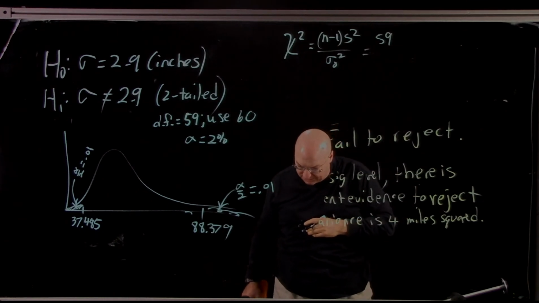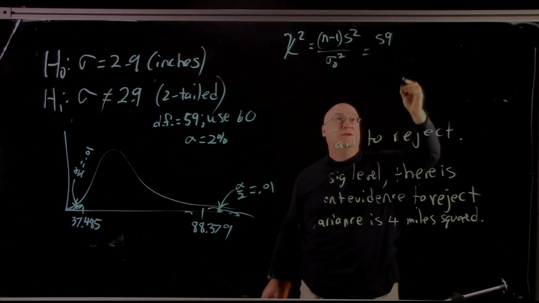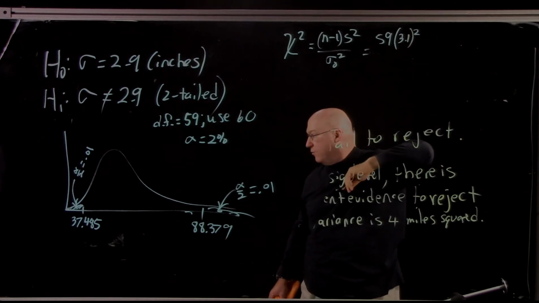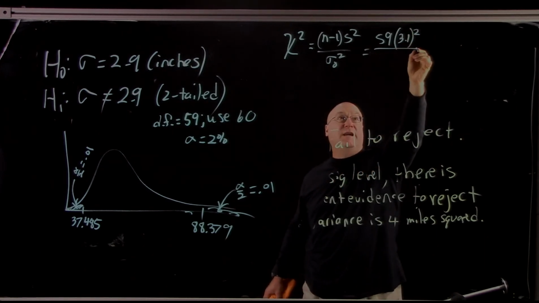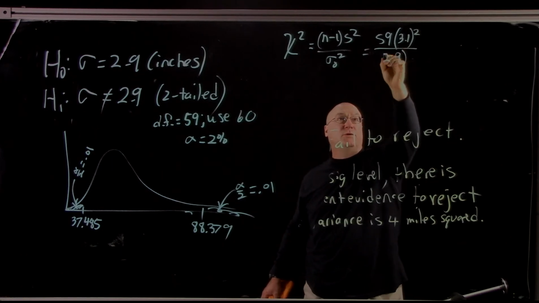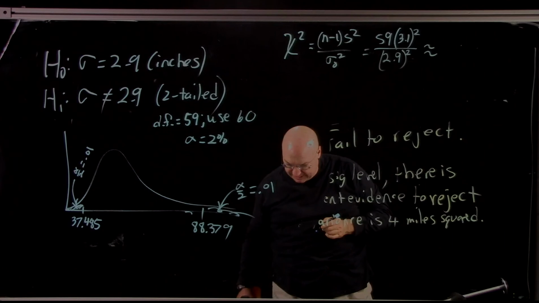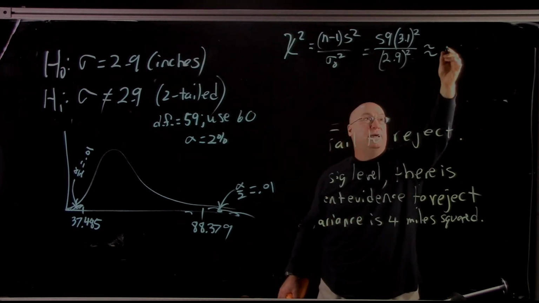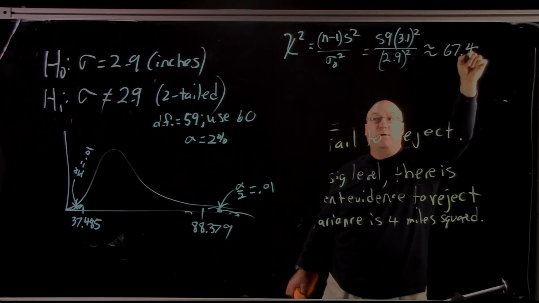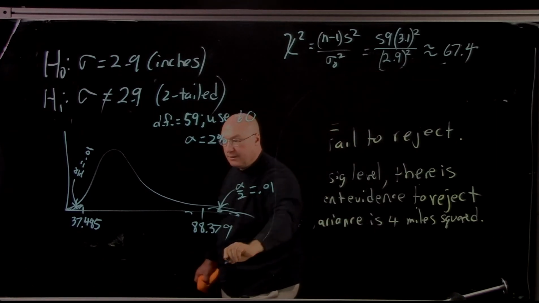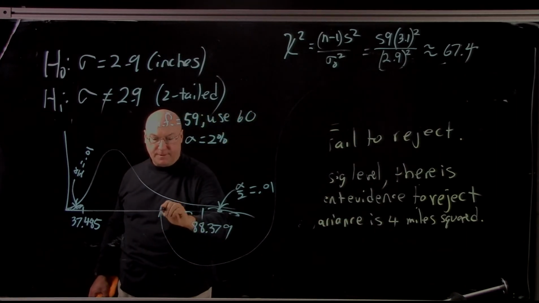We got 3.1, right, for the standard deviation, yes. The sample standard deviation we computed to be 3.1, so we square that, divided by the assumed 2.9 squared. And when we work that out, we get about 67.4. That's good enough. So that goes somewhere around in here, right?